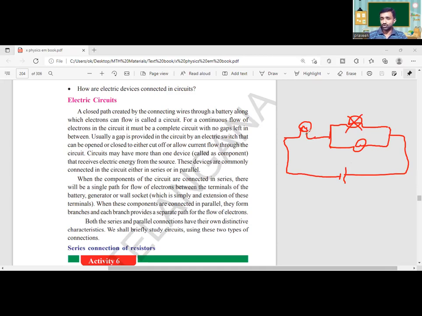What about the remaining two? They can work. Suppose this one is not working, a broken fuse. Then the remaining two work. Now suppose the first one fails to work. What about the remaining ones? They do not work.